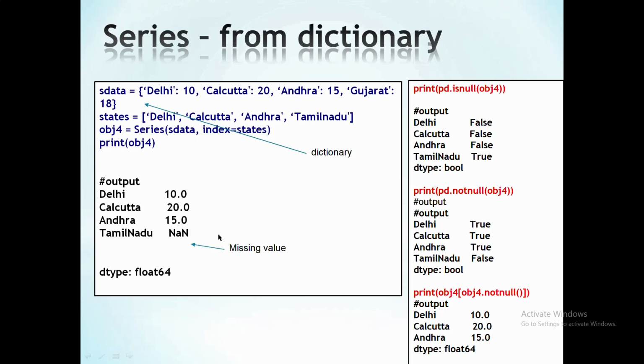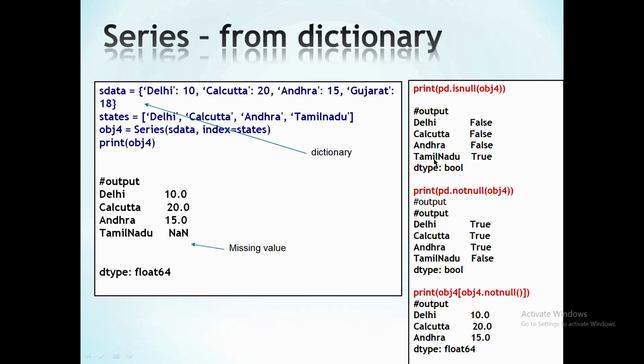Now I am using three null functions with this series: isnull, notnull, and referring to the notnull function using the keywords. When I refer to isnull, for the corresponding key values Delhi, Calcutta and Andhra, I get the boolean return type false.